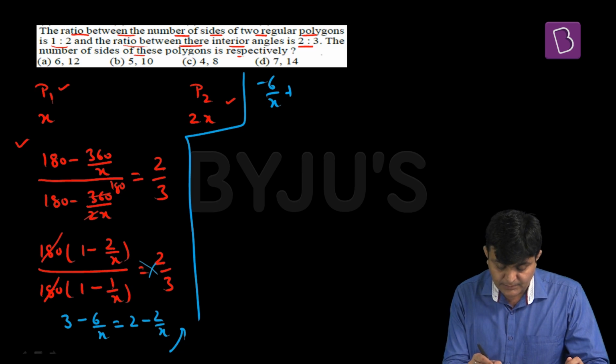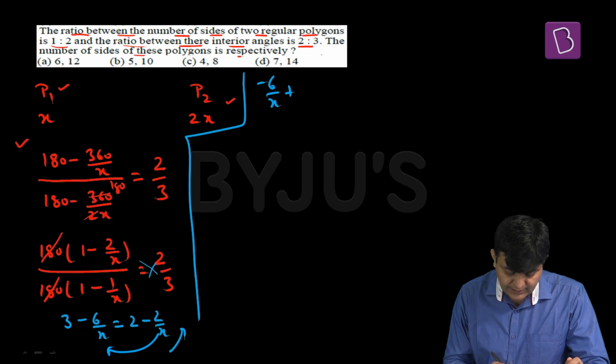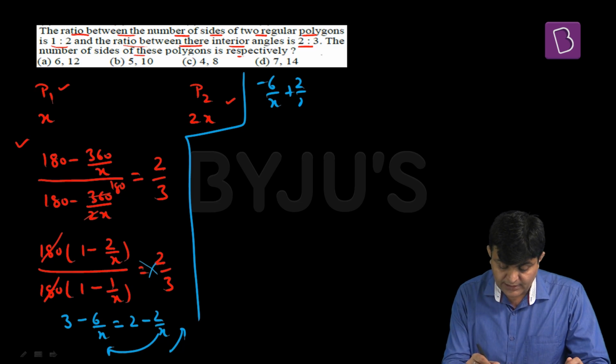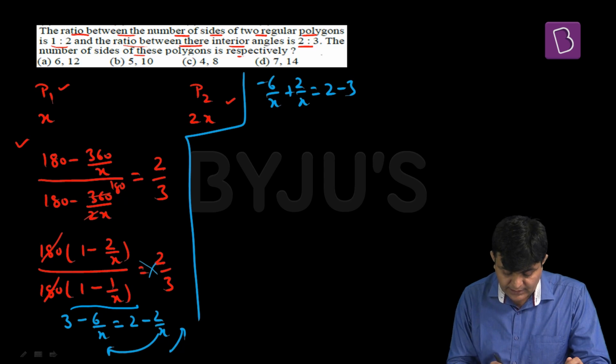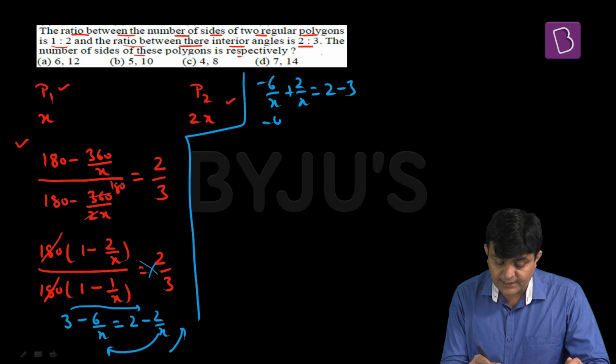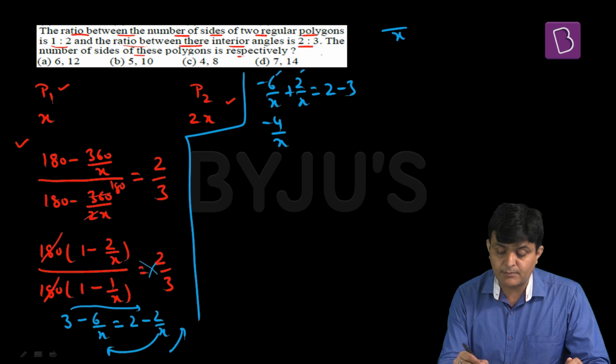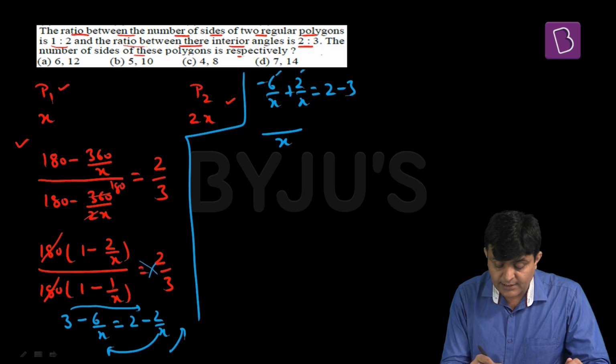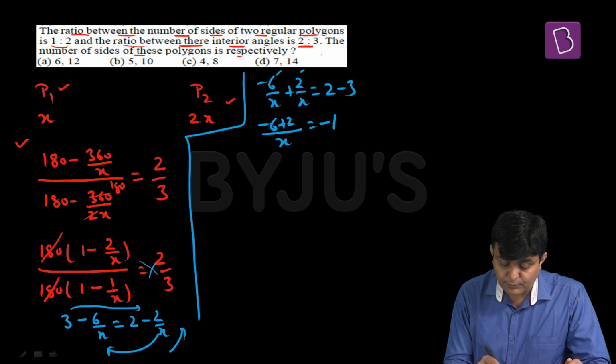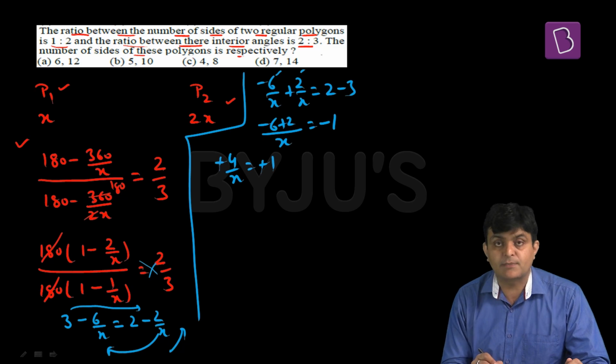So see, minus 6 by x, plus this we will bring to the left, plus 2 by x is equal to 2 minus 3, this we will take to the right. So it is minus 4 by x, x is the same, so minus 6 plus 2, take LCM x, it is minus 6 plus 2 is equal to minus 1. So minus 4 by x is minus 1, minus minus becomes plus.